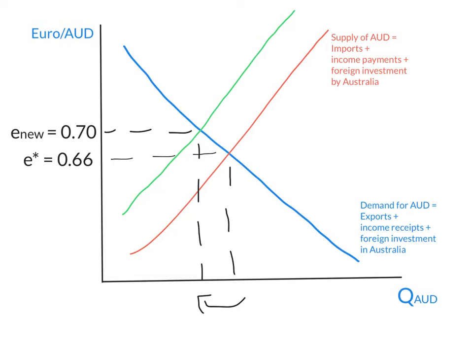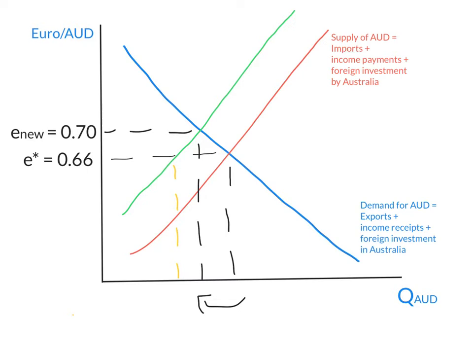Notice that the final change in the quantity of Australian dollars traded has come about from two particular sources. First, as the Australian dollar goes up, the quantity of Australian dollars that people want to buy goes down. In other words, we move back up along this blue demand curve.